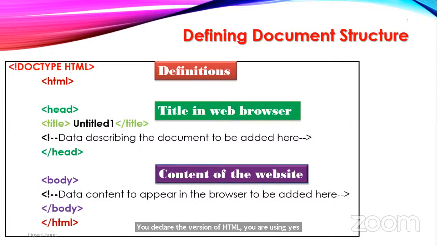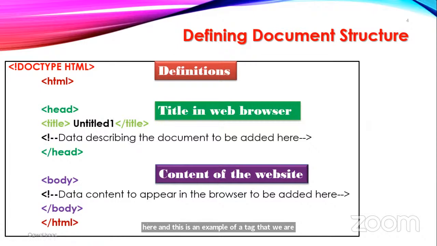So that is very, very important. You're going to inform your browser that this is the version of HTML I'm going to use to mark up my document, to format my document. So you have to start with this tag here.